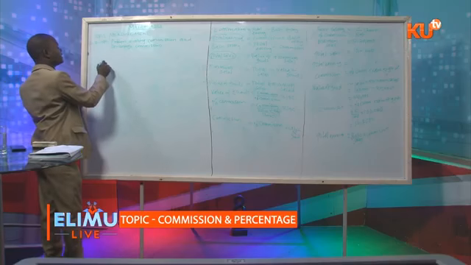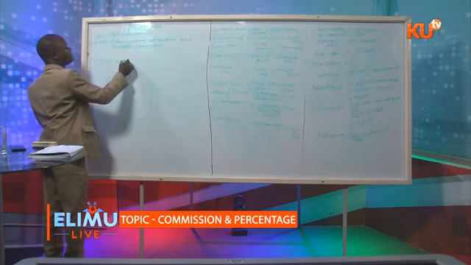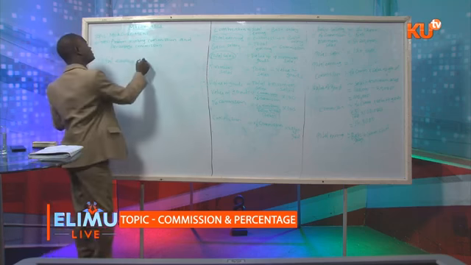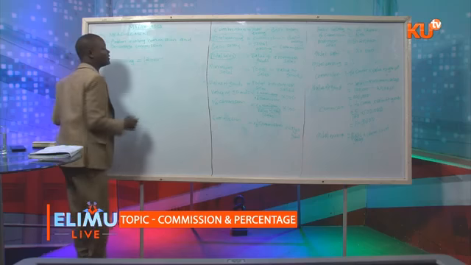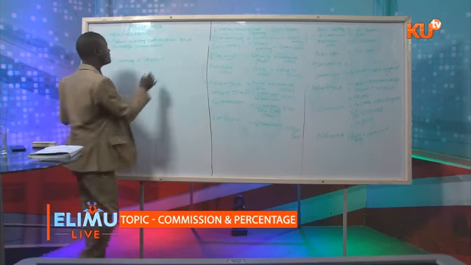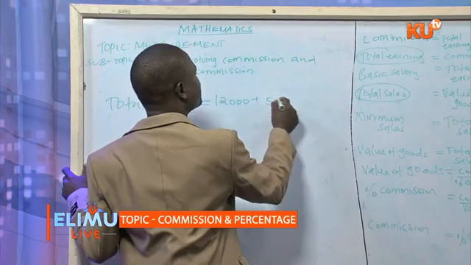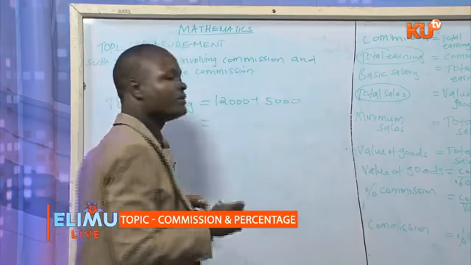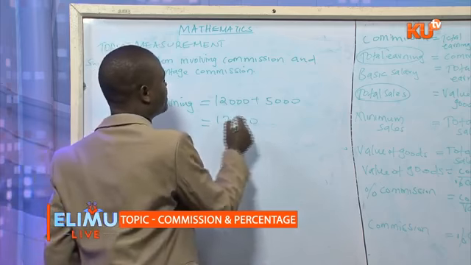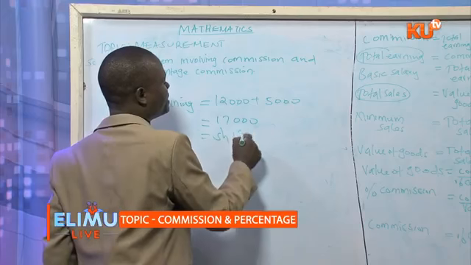So total earning is equal to basic salary, which is 12,000, then we add the commission, which is 5,000. When we add the two, we get 17,000 shillings.